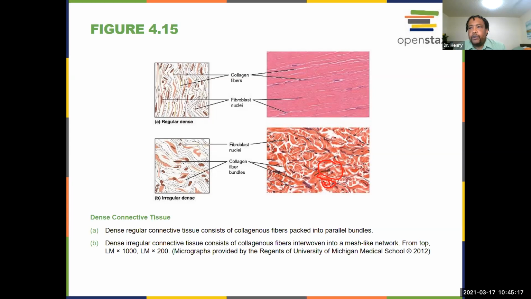Here, your collagens form bundles, these huge chunks of collagen fibers. Whereas in these, you have nice strands of collagen, parallel and organized, and these are meshed and woven together.